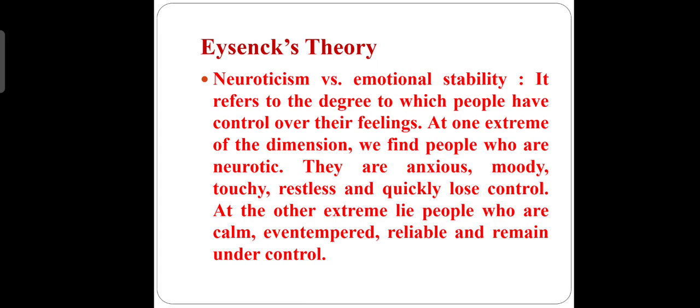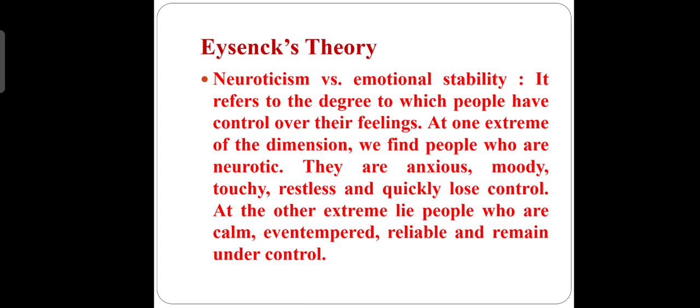The opposite pole of neuroticism is emotional stability. It refers to the degree to which people have control over their feelings. At one extreme of the dimension, we find people who are neurotic, anxious, moody, restless, who quickly change their mood. At the other extreme lie people who are calm, reliable, and remain under control.